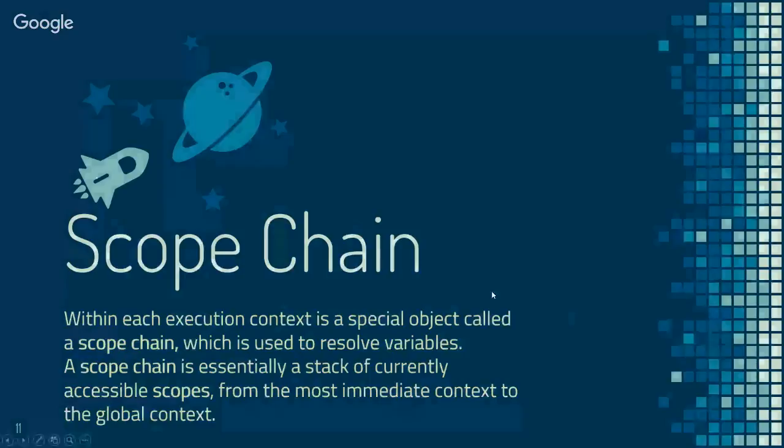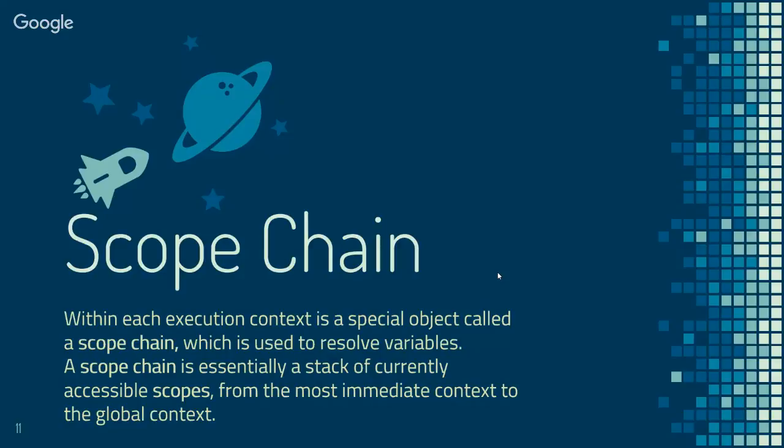And here we find the definition of a scope chain. What we need to know is that in each execution context, which is the environment that is created when we execute a piece of code, like for example a function, an object that contains all the scopes is created.